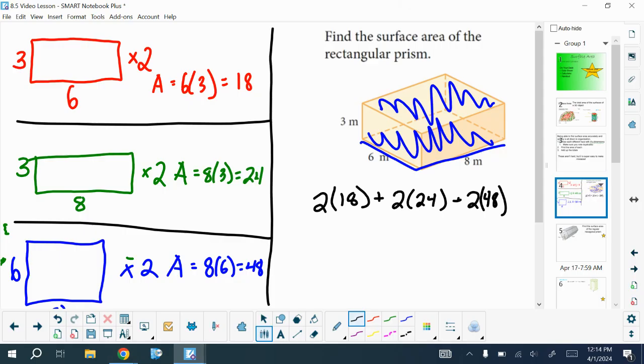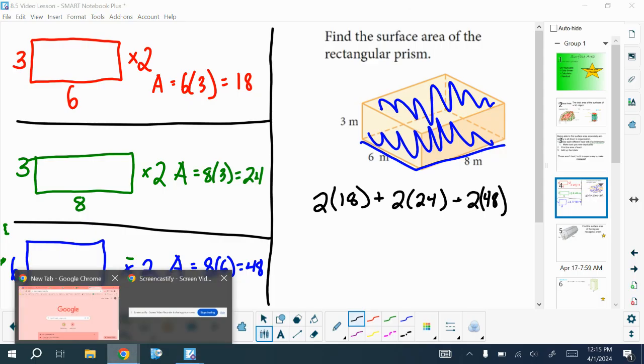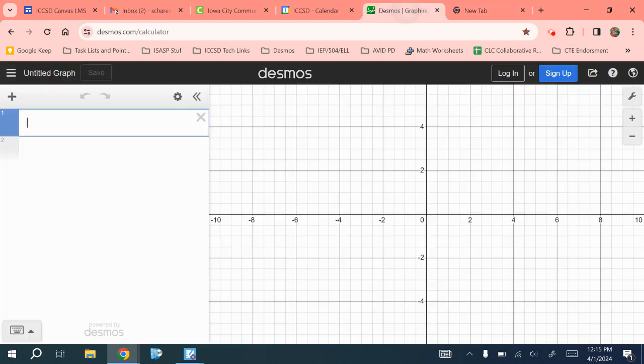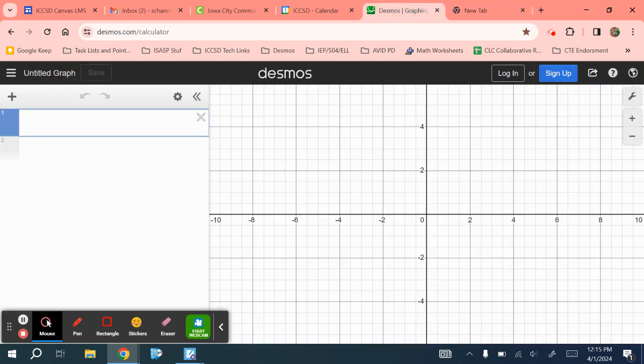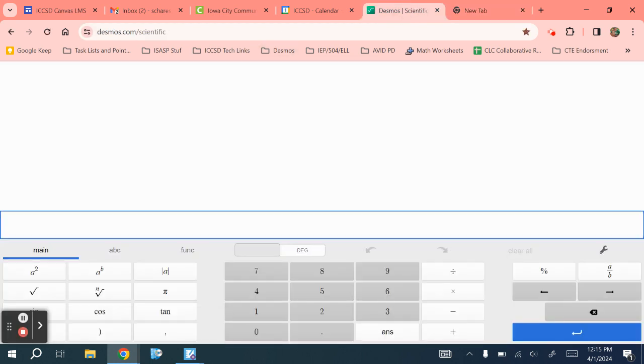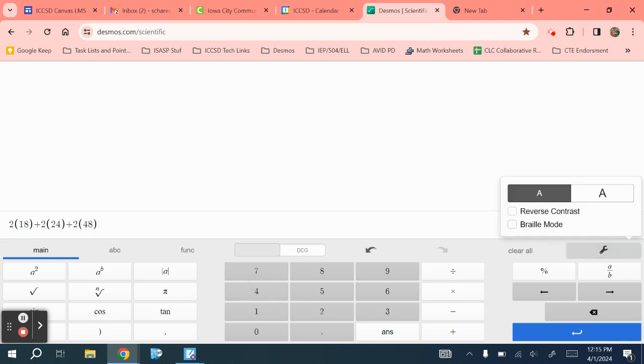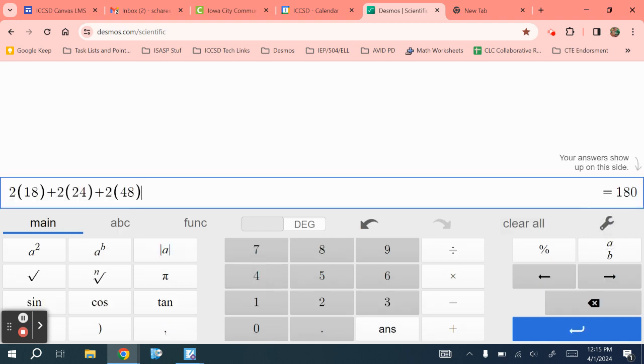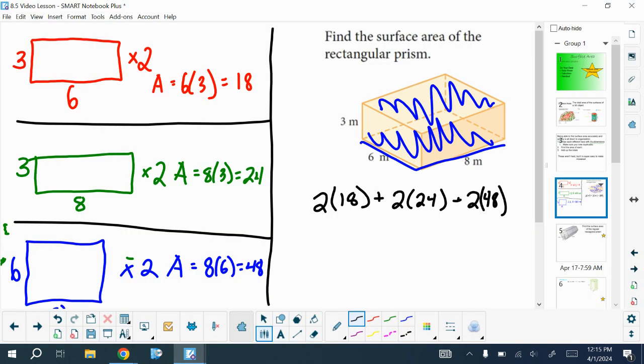So if I've got Desmos opened up, let's do the scientific version here. I'd have 2 times 18 plus 2 times 24 plus 2 times 48. And I know then I've got my total there is 180 square meters. In this case, it's meters.